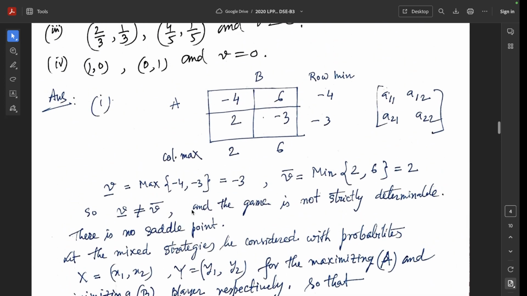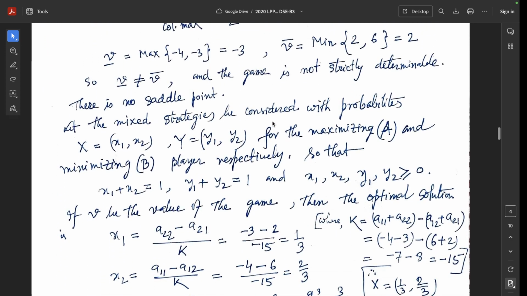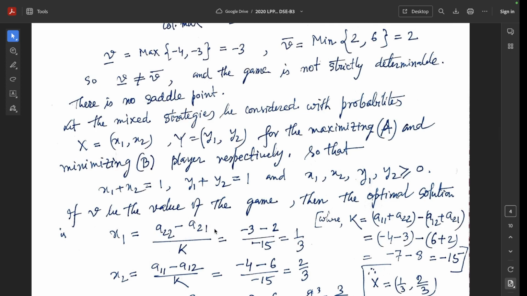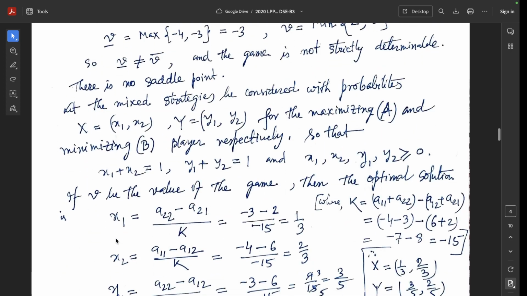Here for a 2 by 2 matrix with elements A11, A12, A21, A22, the formula for the x1 strategy is (A22 minus A21) by K, where K is A11 plus A22 minus (A12 plus A21). So the value of K is -15.